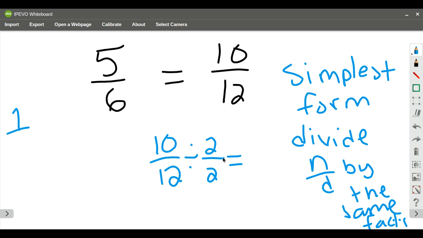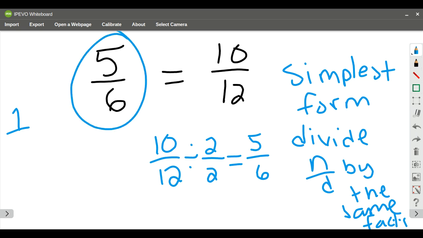So when I do 10 divided by 2, I get 5. And when I do 12 divided by 2, I get 6. So the values are the same. These two fractions are equivalent fractions, even though they have different denominators. It's still the same amount of distance that Alex would have traveled on his bike.